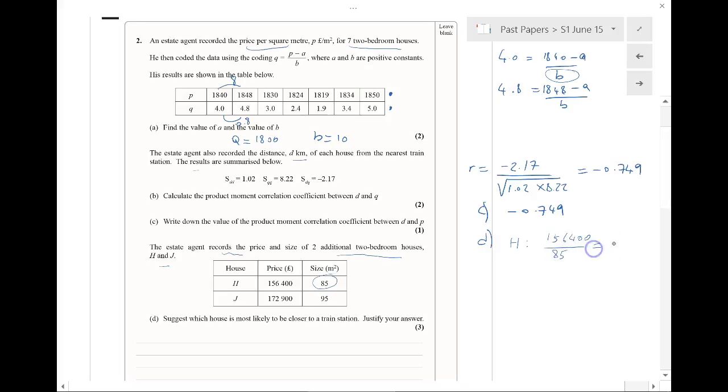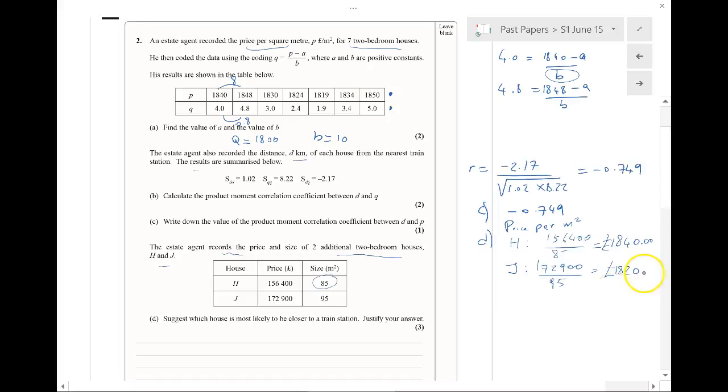So that equals 1840. And then for J, that's 172,900 divided by 95. So that equals 1820 per meter squared.